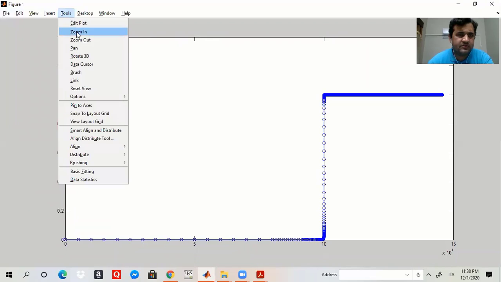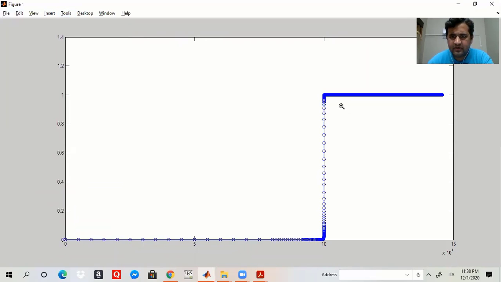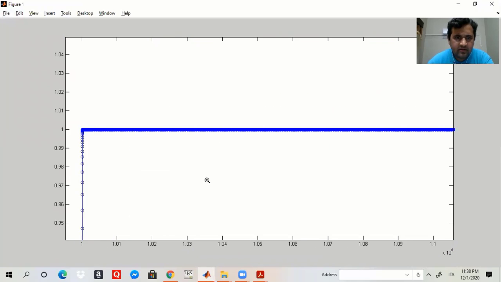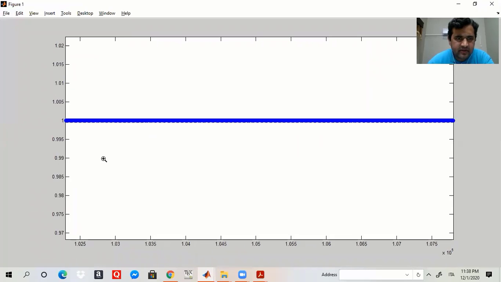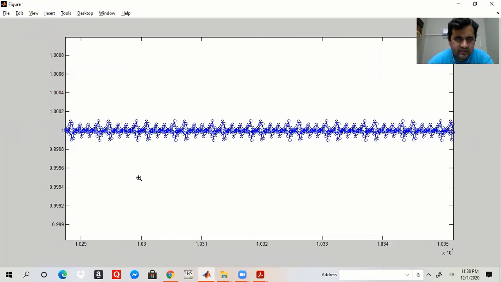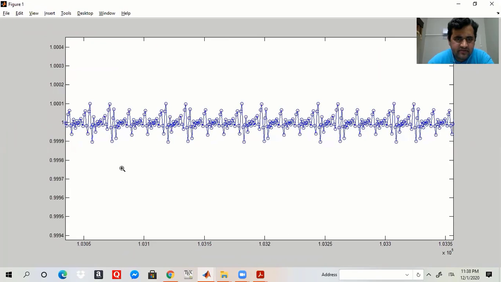So I can zoom in, and I will see what's going on over here. So this is the stiffness part, stiffness in action. You see, over here, it will take very small time steps.